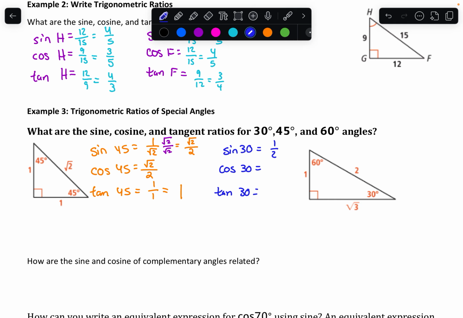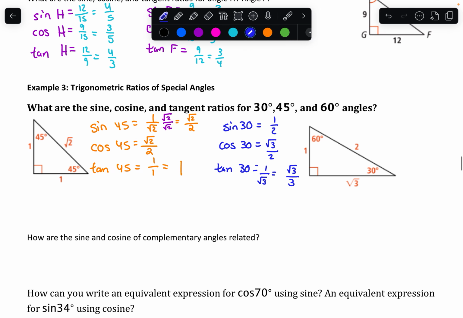If I'm standing on the 30, adjacent over hypotenuse is the square root of 3 over 2. And the tangent of 30 is opposite over adjacent. That's 1 over the square root of 3. But when I rationalize the denominator by multiplying by the square root of 3, I get the square root of 3 over 3.